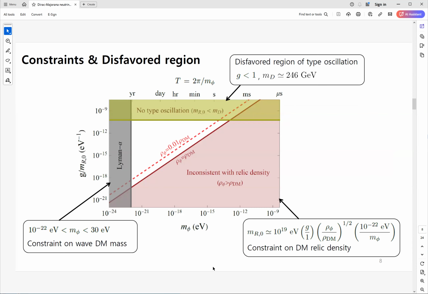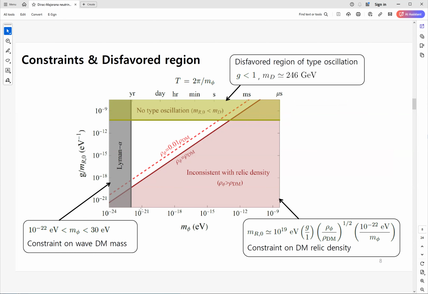We consider possible constraints on these regions from cosmology and neutrino physics. This is a parameter space for the coupling, the Majorana mass oscillation amplitude, and the wave dark matter mass m pi.